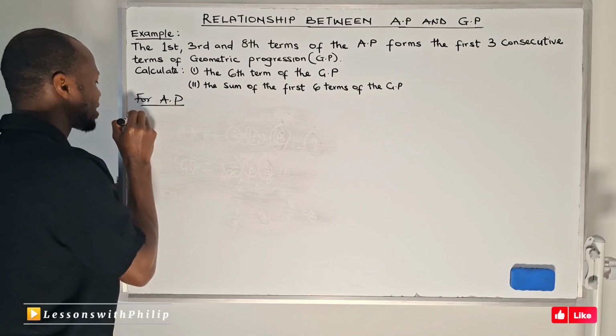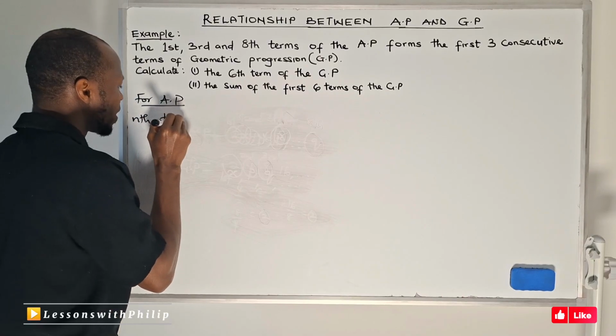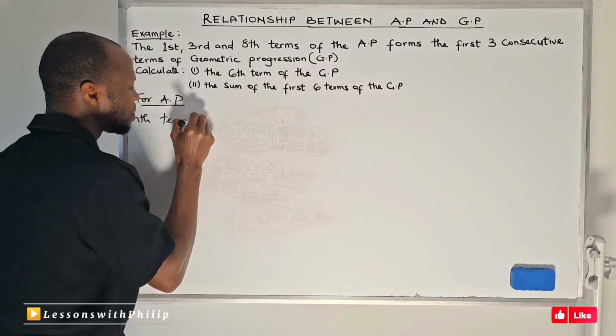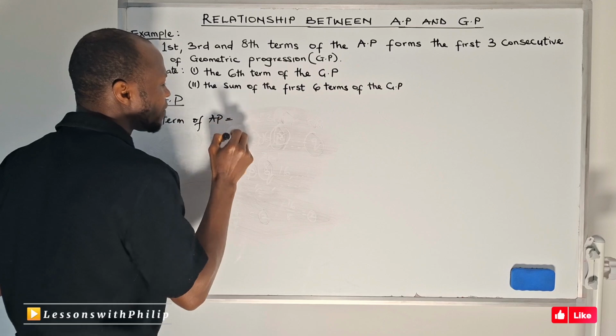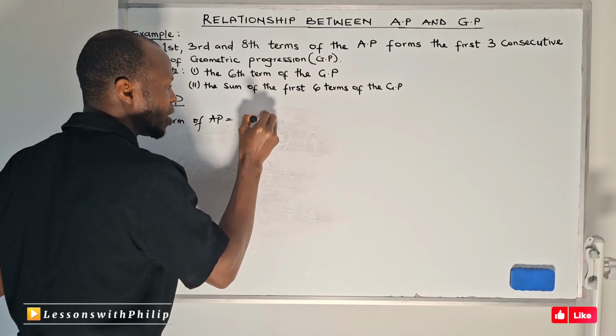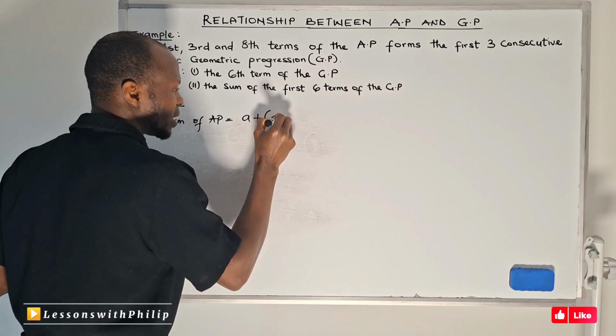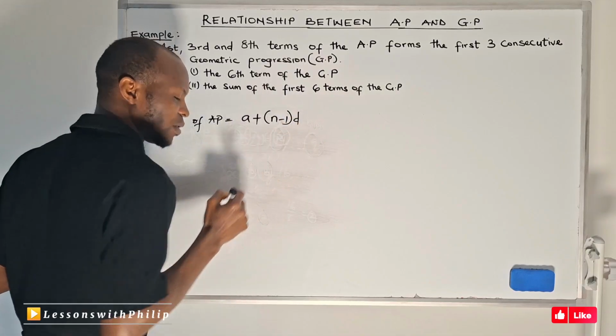Now, the nth term, don't forget the nth term of AP is given to be what? A plus, open bracket, n minus 1, multiplied by the common difference.